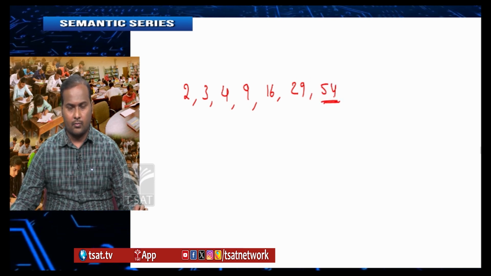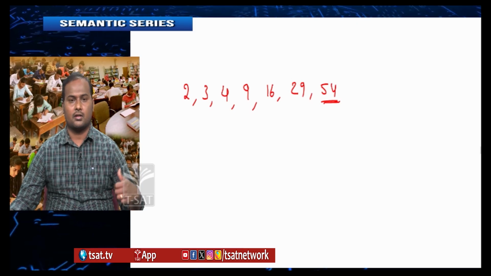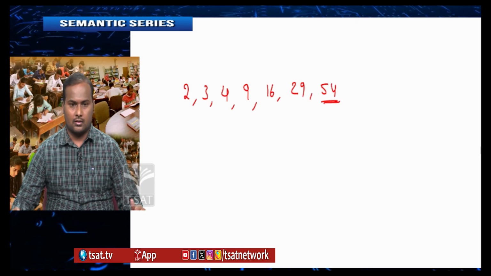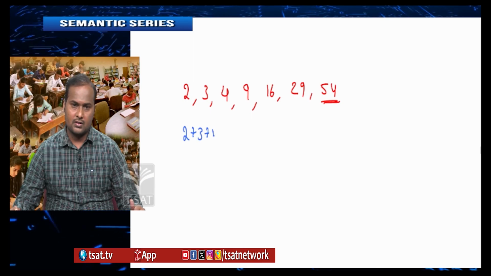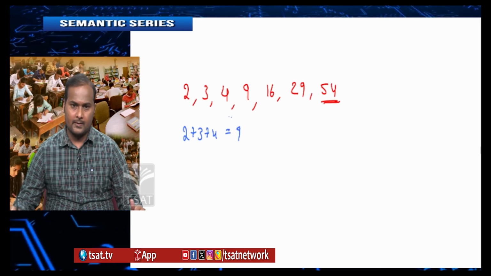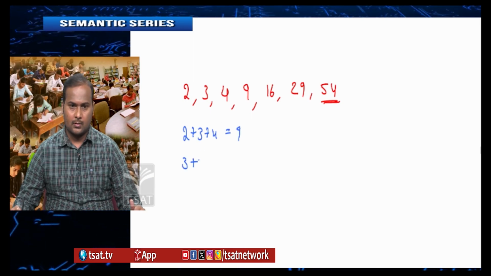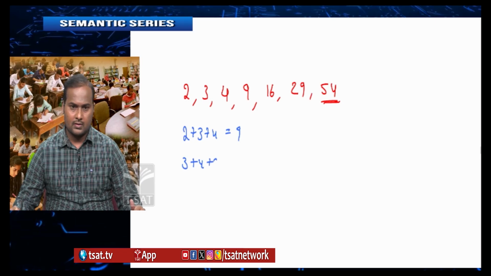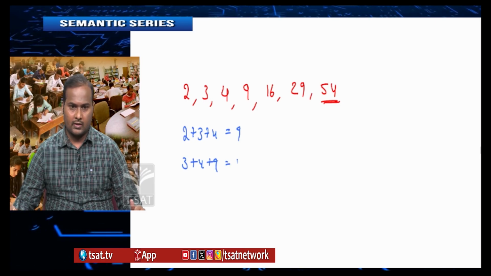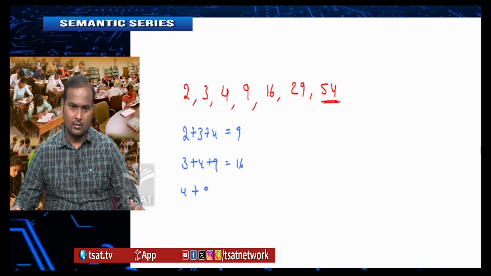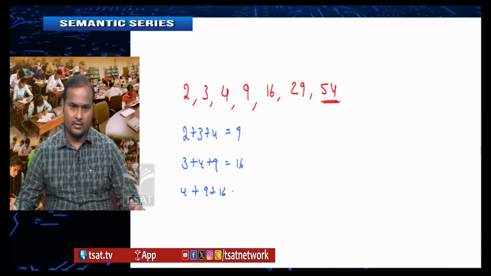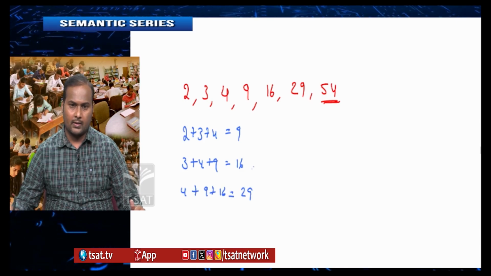So this is the Fibonacci series that you will get by addition of the previous three numbers. For example, 2 plus 3 plus 4, you will get 9. In the same way, 3 plus 4 plus 9, we will get 16. The same way, 4 plus 9 plus 16, we will get 29.